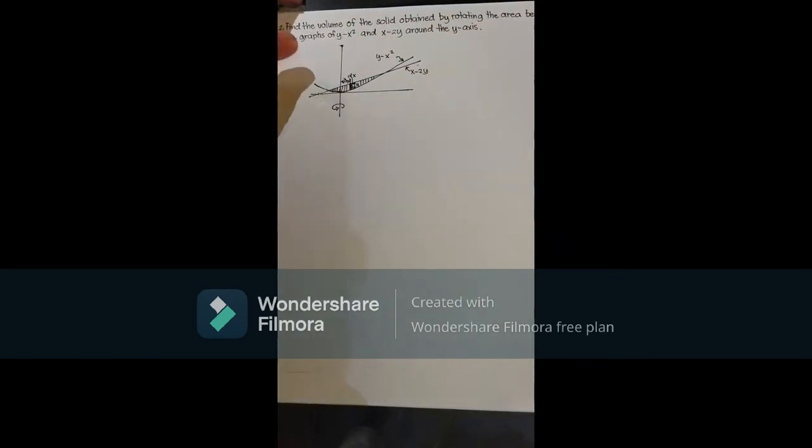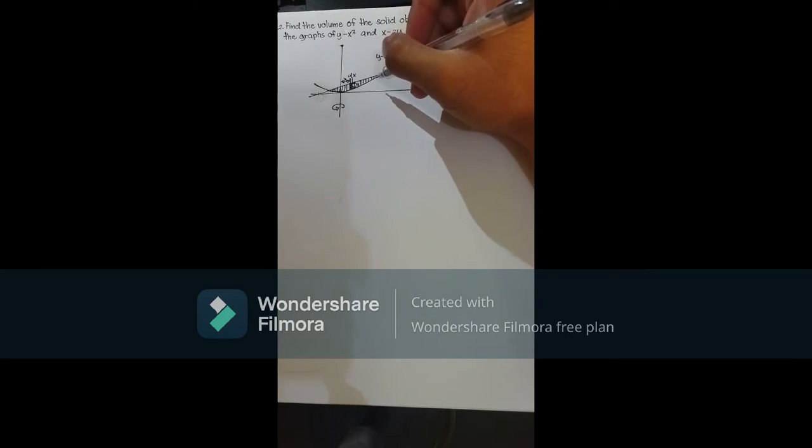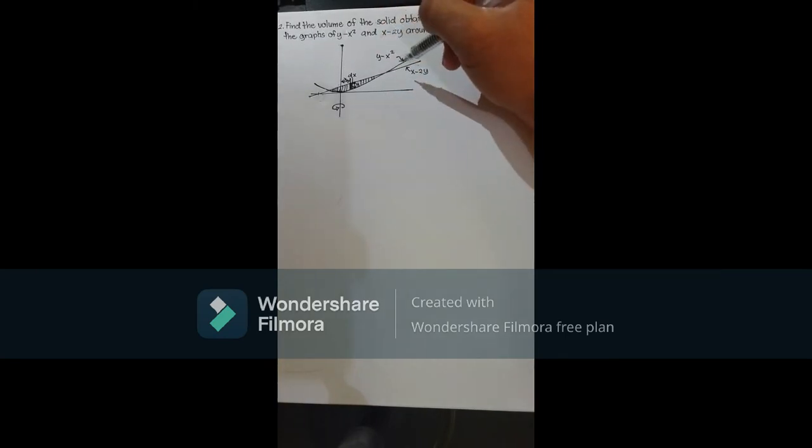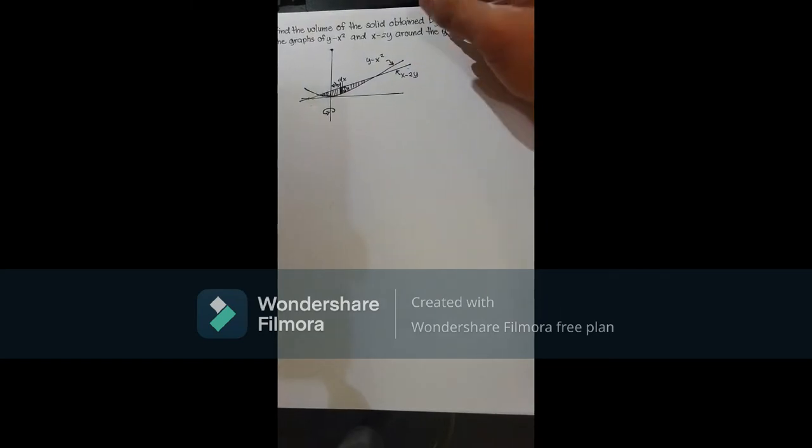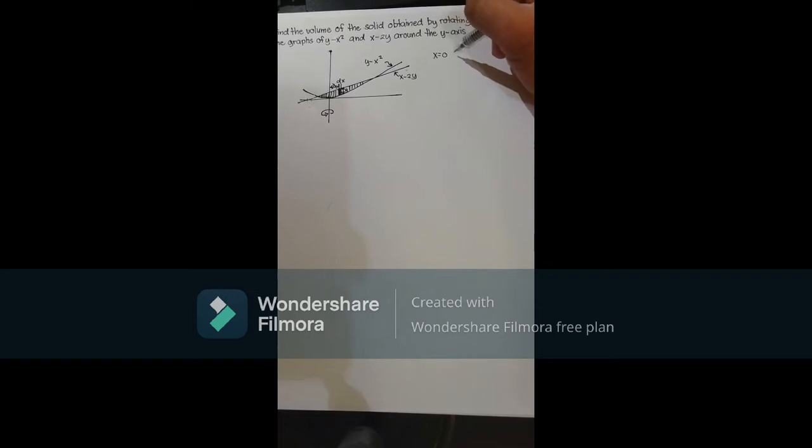Now we're going to solve. If we notice, the two curves intersect when x squared equals x over 2, meaning the intercepts are x equals 0 or x equals 1 over 2.